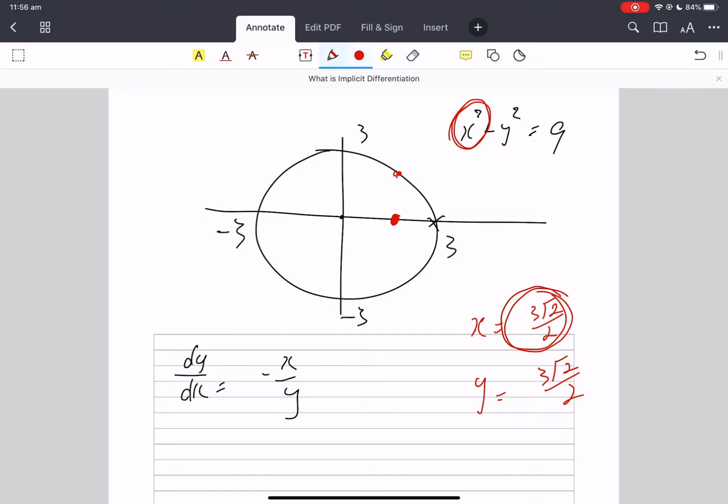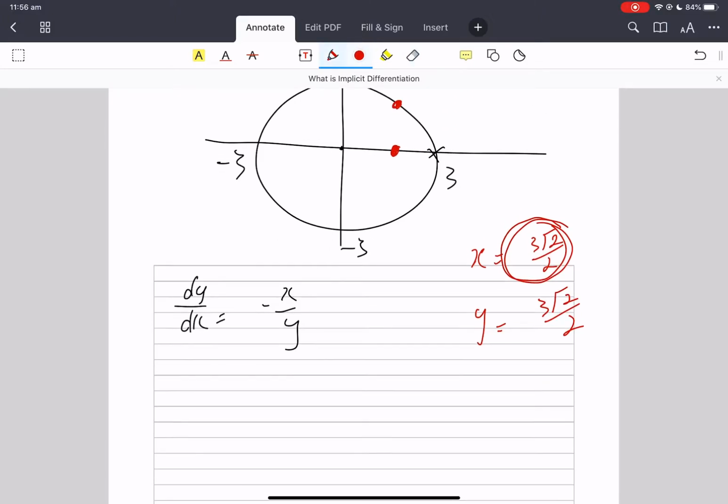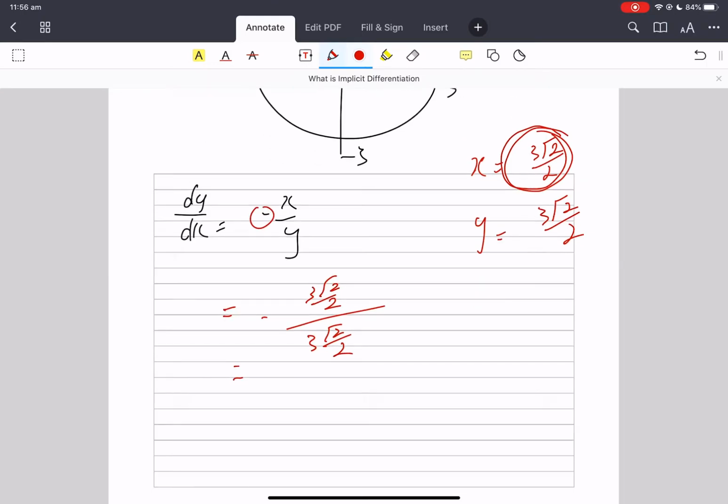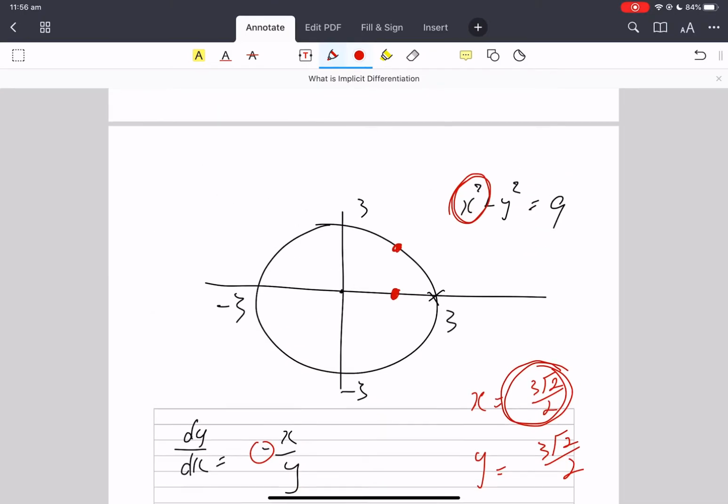Let's do this point here. Hopefully it makes sense that if I've got 3 root 2 on 2 on the top and 3 root 2 on 2 on the bottom, and there's a minus at the front, the slope would be -1. Oh my gosh, that's -1 because I've picked that, they're the same distances, so that's that slope of -1 there, which just makes common sense.